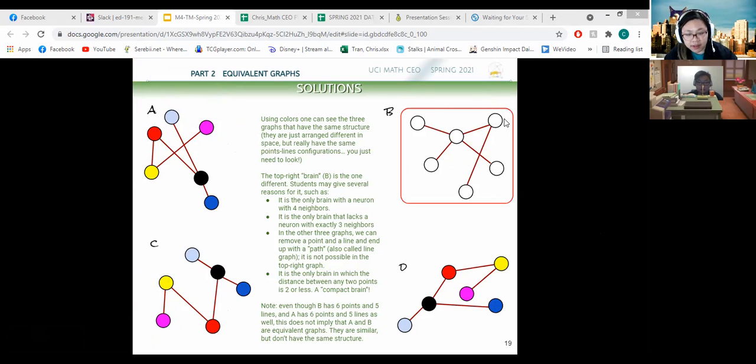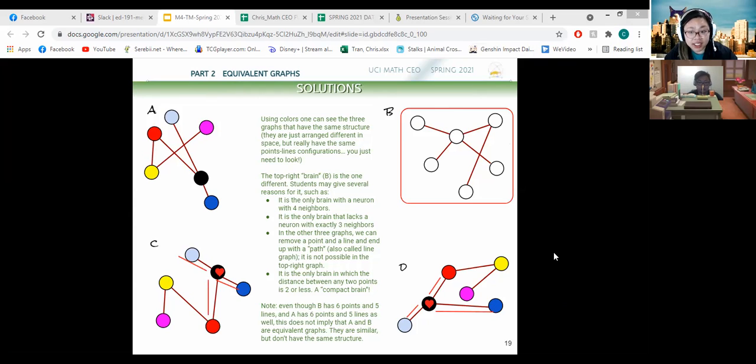And same as D, if you can see, we'll just use this point as an example, in graph D and C, there's also 3 neighbors, 1, 2, 3, 1, 2, and 3. And the solutions even color coded it too.